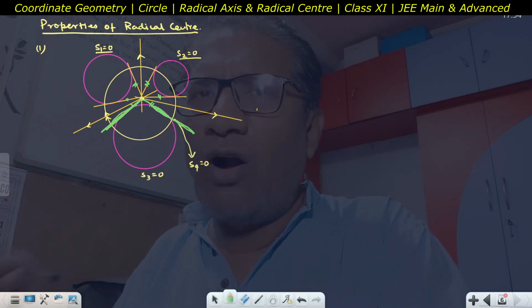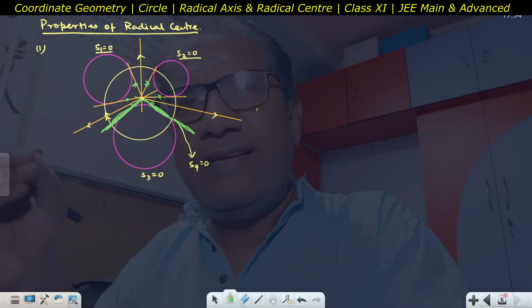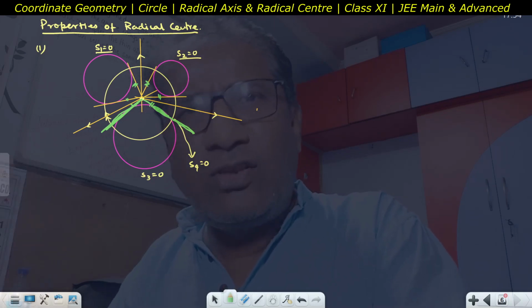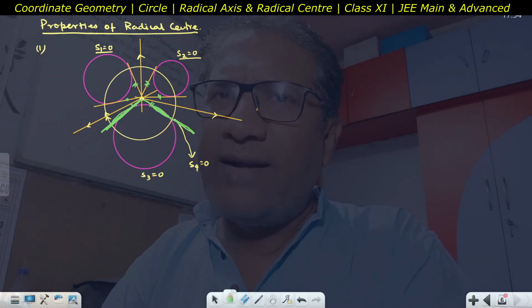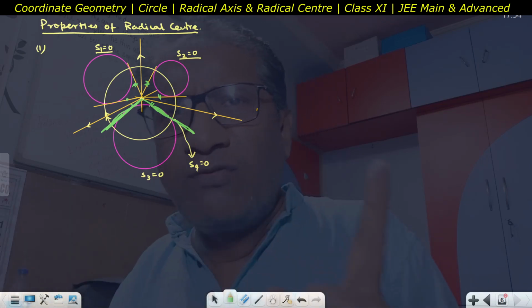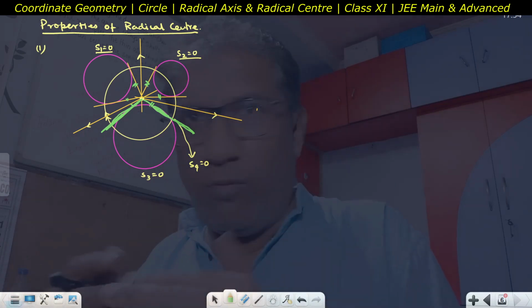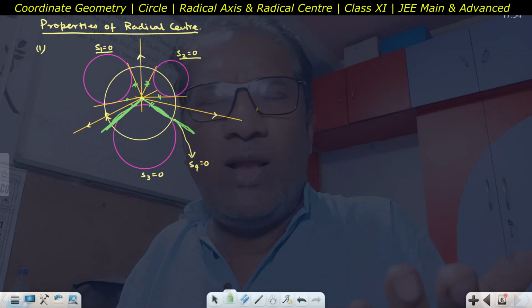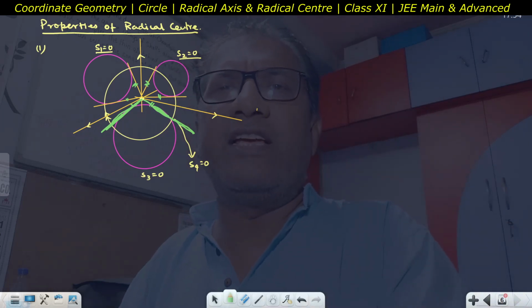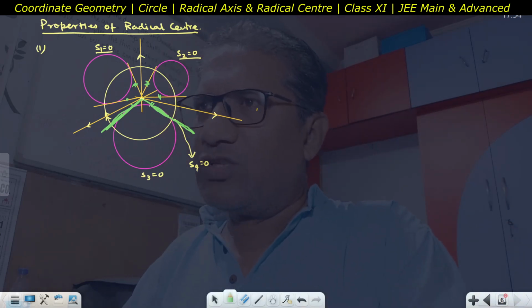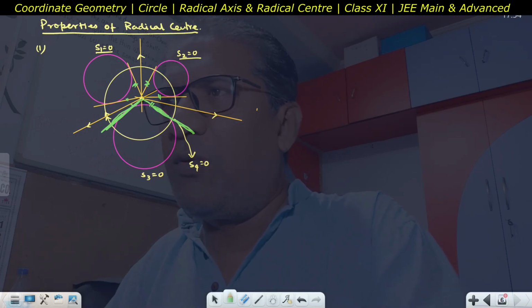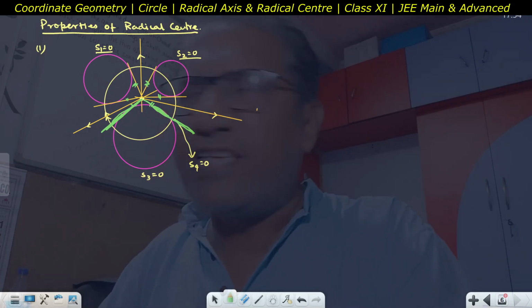So how did we get the radius of the fourth circle? It is nothing but the length of the tangent drawn from the radical center to any of these three circles. Eventually they are all equal, so that will be the radius of the fourth circle. So that is property number 1 for the radical center.